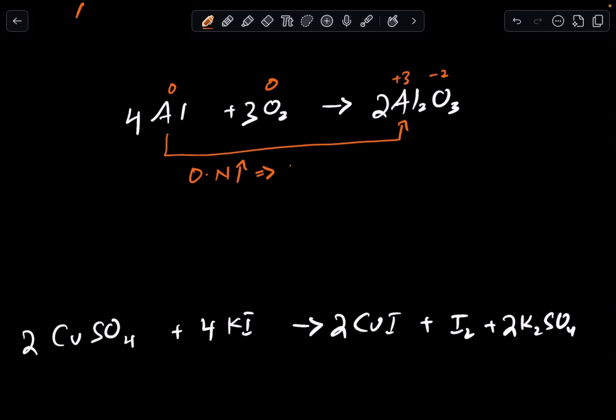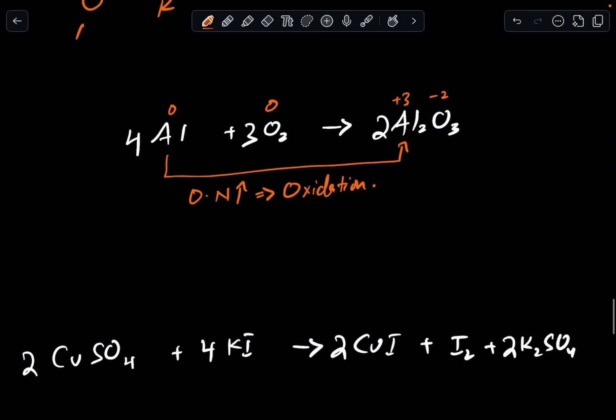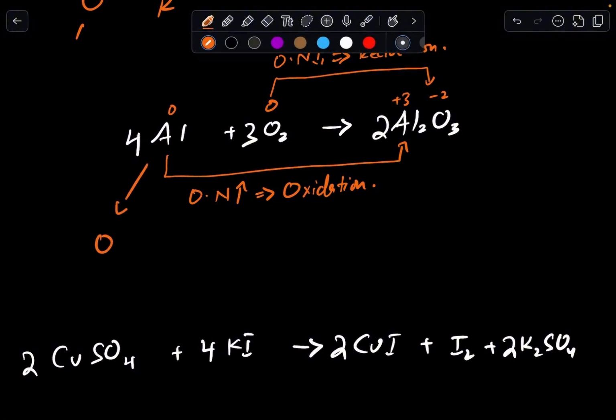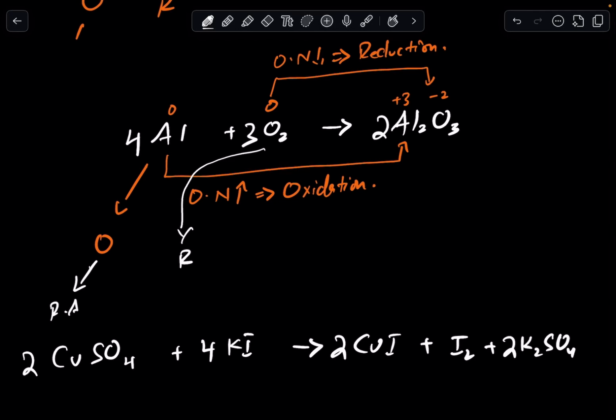It means that oxidation is happening over here, and oxygen is changing its oxidation number from 0 to -2. So there is a decrease in oxidation number. It means that it is being reduced. So aluminum is being oxidized, oxygen is being reduced. If it is oxidized, it is the reducing agent. If it is reduced, it is the oxidizing agent.